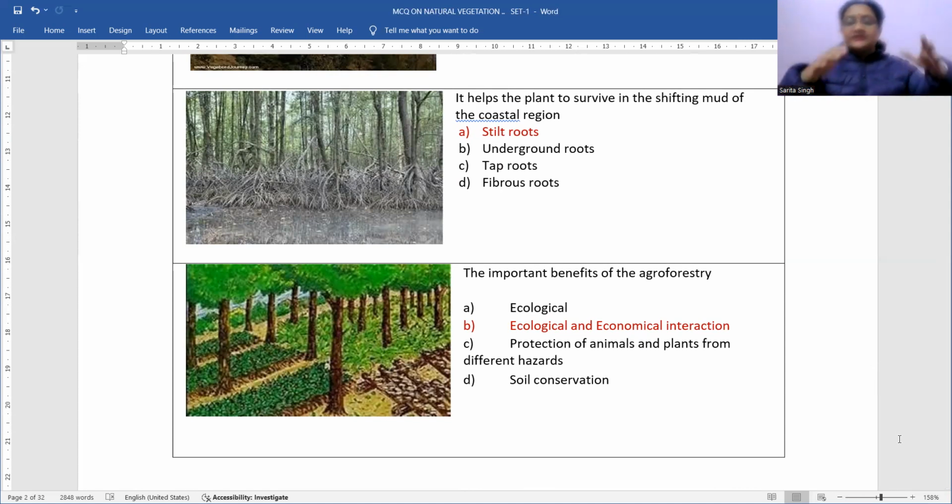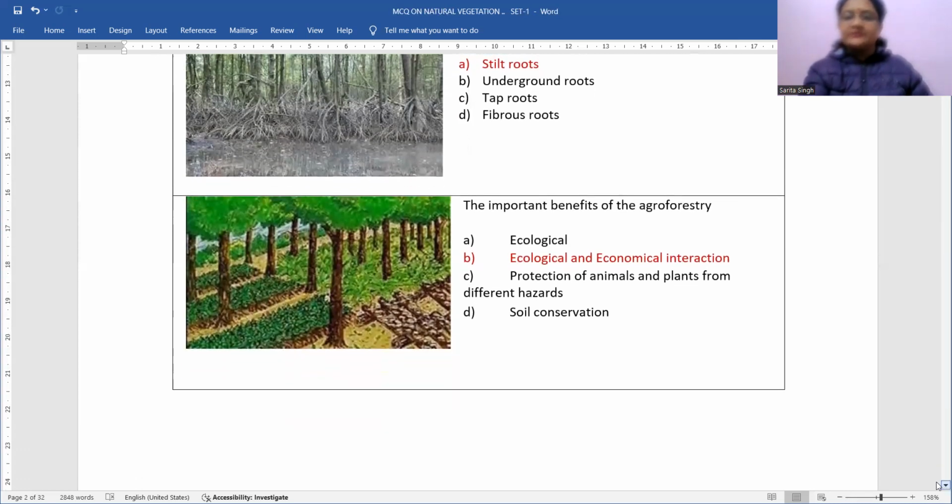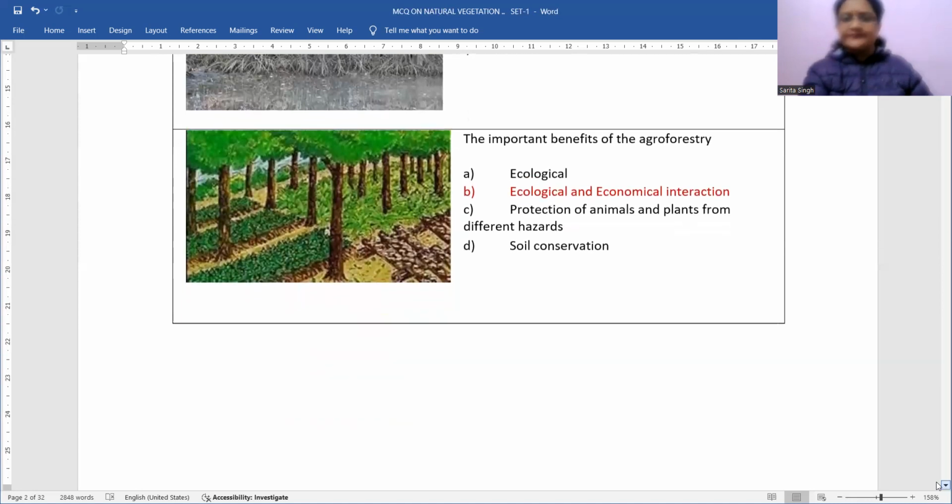They help actually the trees to remain there intact in the shifting mud in the coastal areas when the tides come. तो mud जो है वो shift होता है and because of that the trees may fall. और ये जो stilt roots होते हैं they help in holding the tree there only, right? They provide support. Clear? अच्छा, next question है बच्चों, the important benefits of the agroforestry.